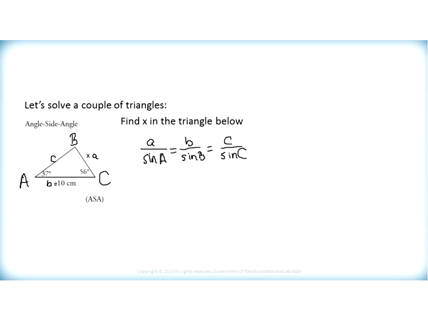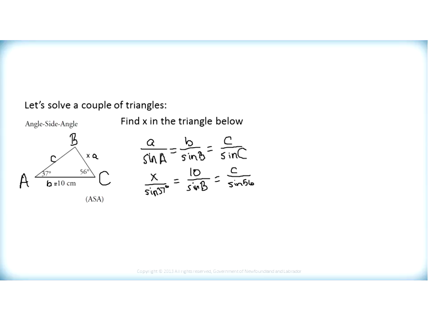So if I fit the known values into my sine law, what I get is X over sine 37 degrees is equal to 10 for B over sine B, which is equal to C over sine 56.